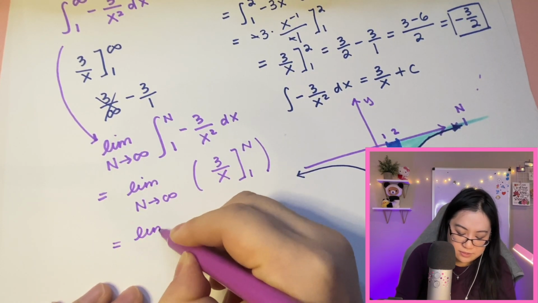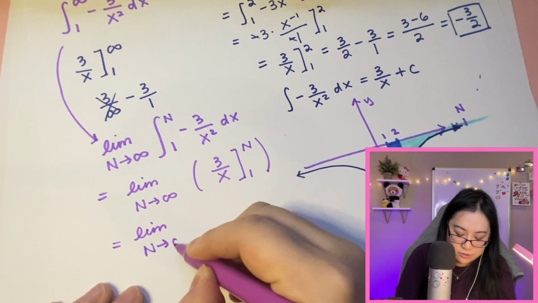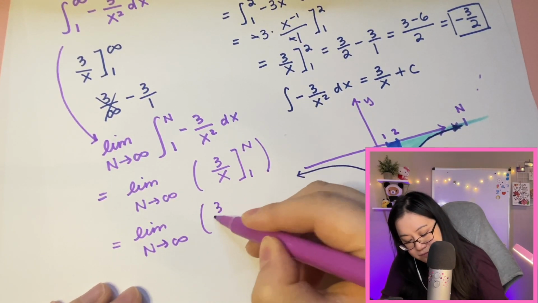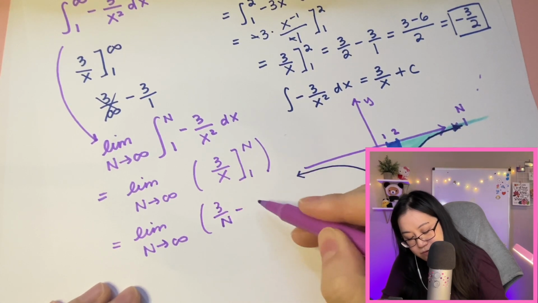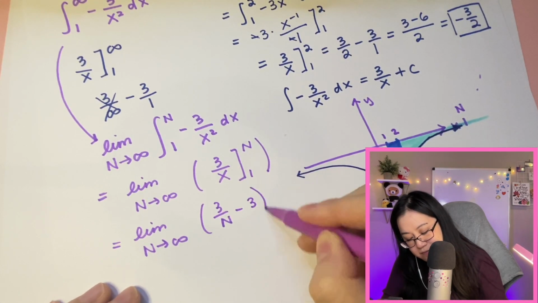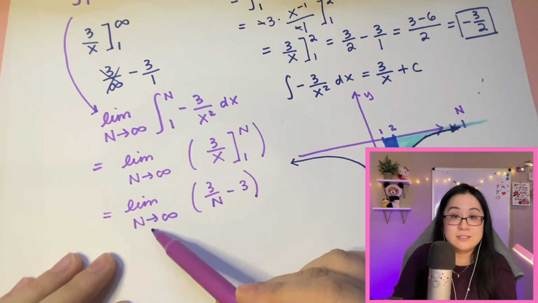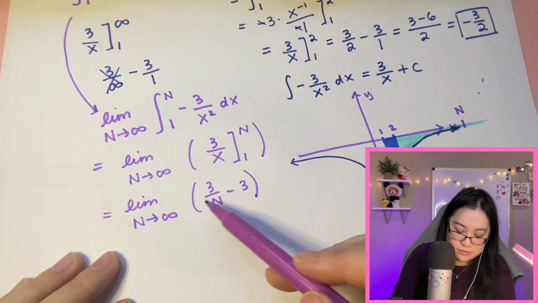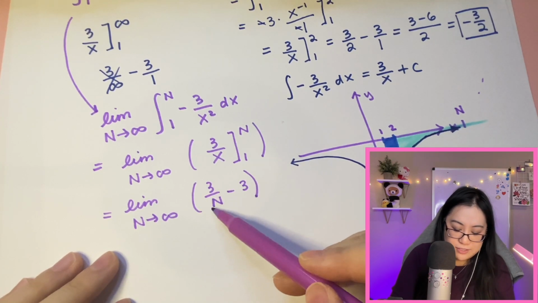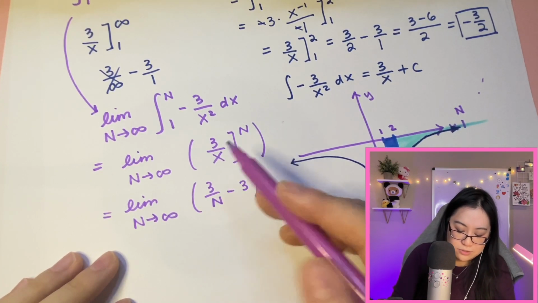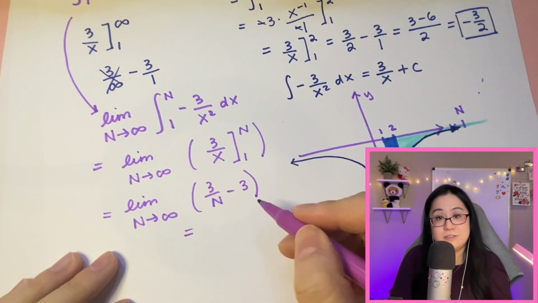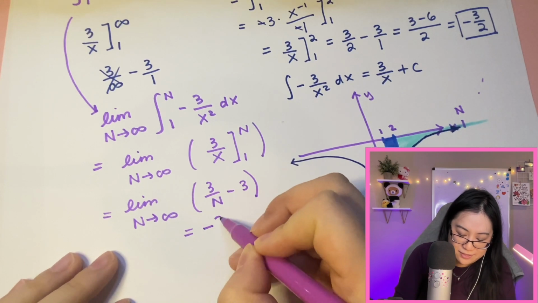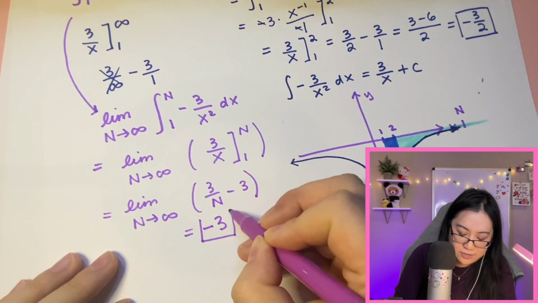So the limit as N approaches infinity of 3 over N minus 3 over 1, which is just 3. And now, as N approaches positive infinity, this goes away. The negative 3 is still there, but this is 0, right? As N gets infinitely large, this part goes to 0. This is just a regular limit question from wherever, pre-calc maybe. And so this equals negative 3.